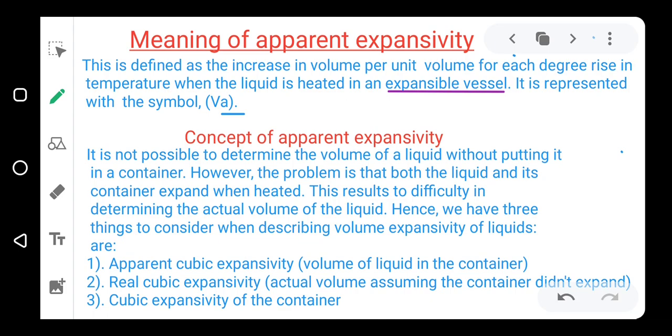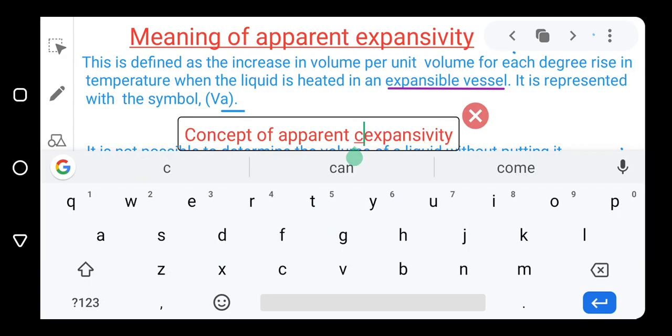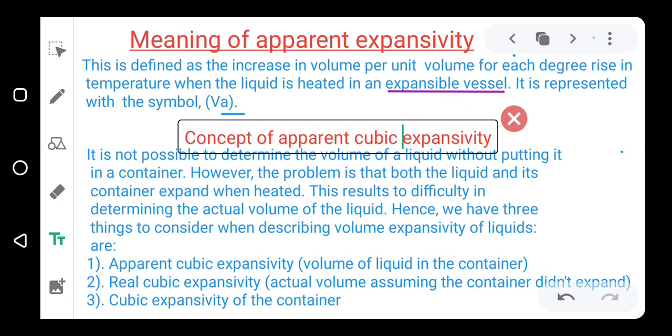Now the concept of apparent cubic expansivity, which is what I've just explained, is that the liquid itself is expanding and the container is also expanding, which makes it difficult for us to know the actual volume of the liquid.